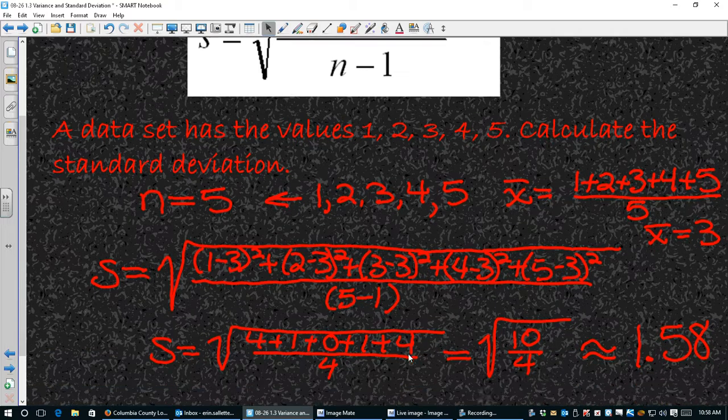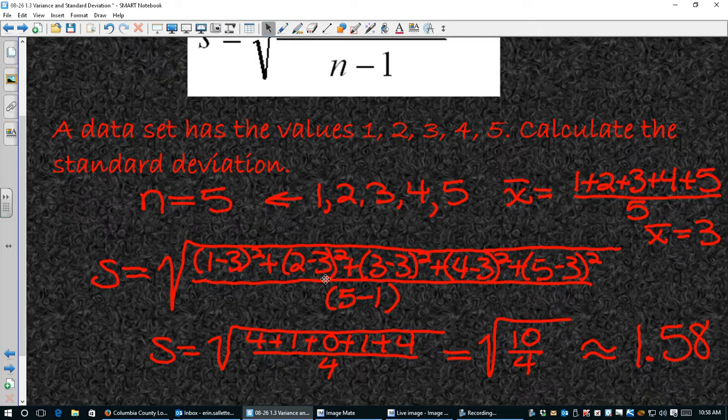Condensing that down a little bit more, 1 subtract 3 is negative 2, negative 2 squared is 4. 2 subtract 3 is negative 1, negative 1 squared is 1, and so on and so forth. So I end up with 4 plus 1 plus 0 plus 1 plus 4 divided by 4, or the square root of 10 fourths. And approximately that ends up being 1.58.